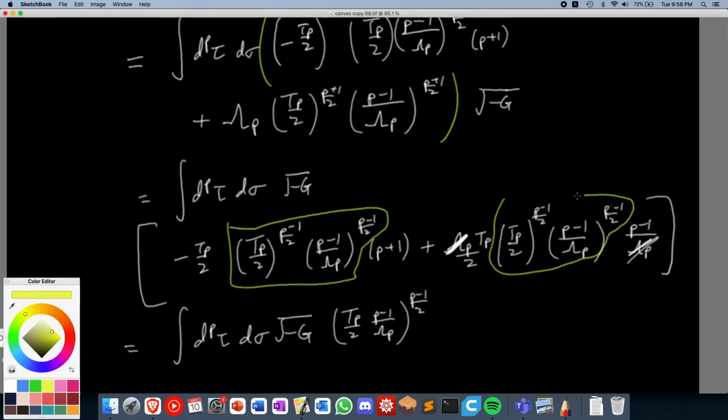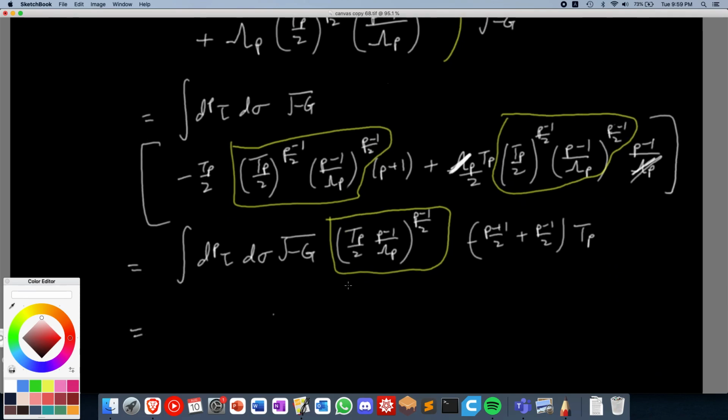I'm factorizing this guy out, and then there's this guy minus this guy, so there will be (p plus 1)/2 minus p, there will be minus p plus (p minus 1)/2 tp.